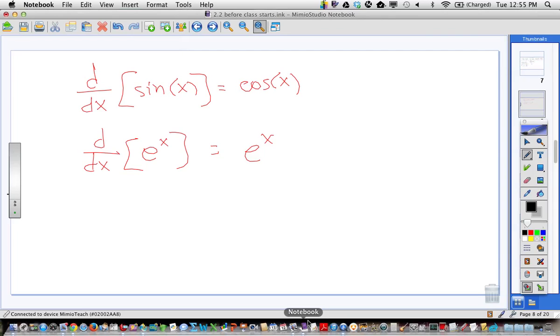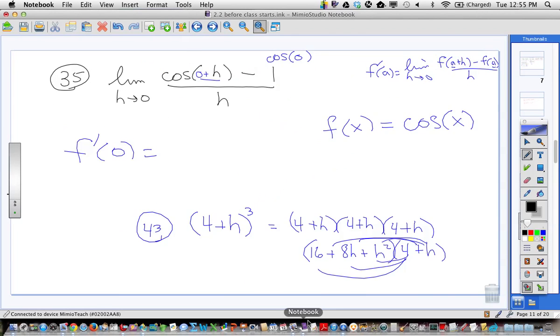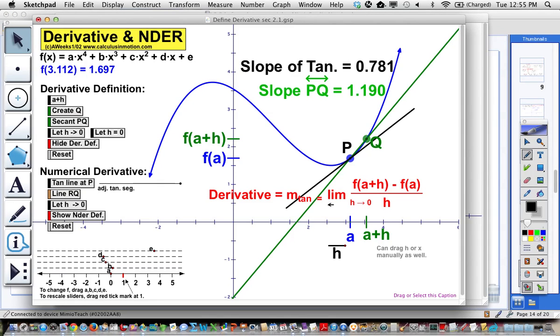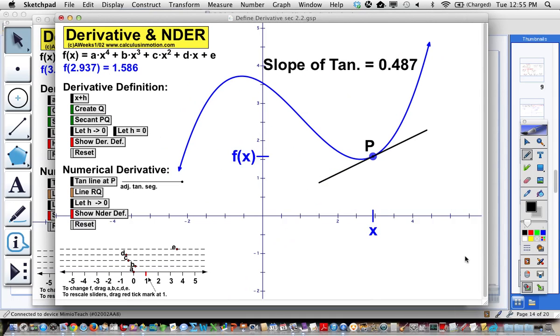So what we would like is an equation for all of them. How can we do that? Well, all we have to do is tweak this formula a little bit. Instead of a as our input, we'll do x as our input. We can't do that on the other form I gave you because it already has x in it. It has to have a in it, but this one doesn't. So we're going to make x be our point instead of a. It's really that easy.